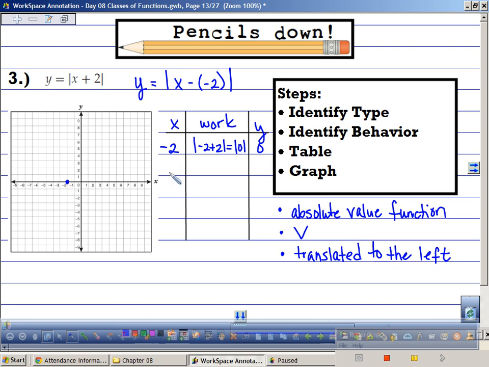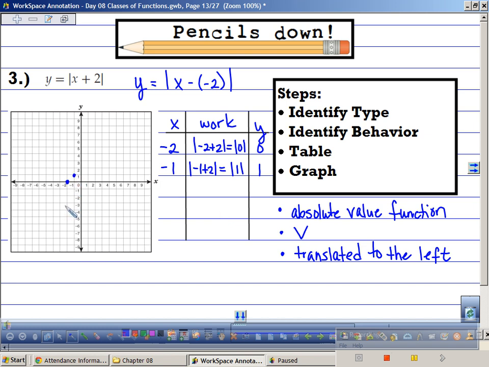What would you substitute in next? -3 or -1? Let's do -1. If I put in -1, I get -1 plus 2 equals absolute value of 1, which is 1. So -1, 1.